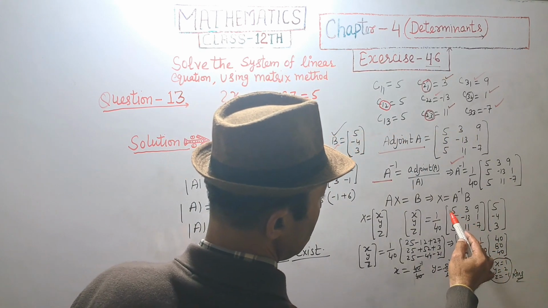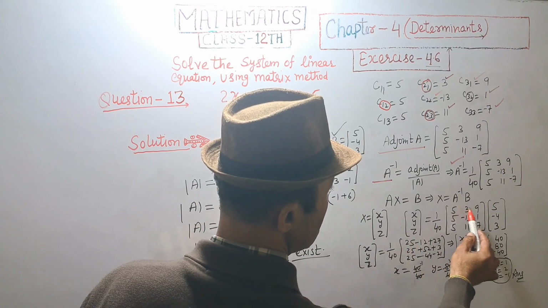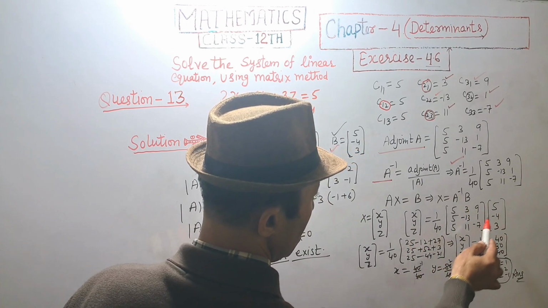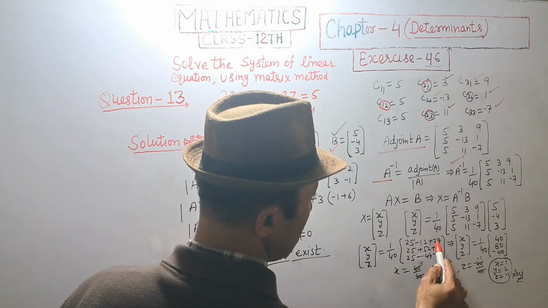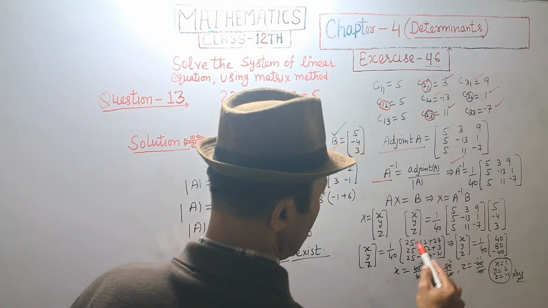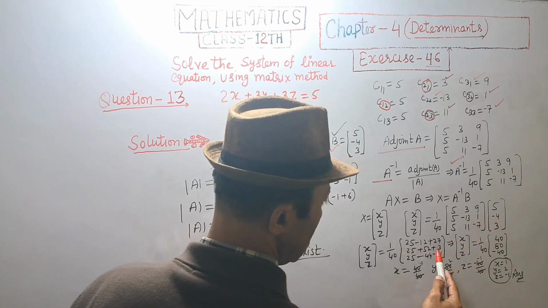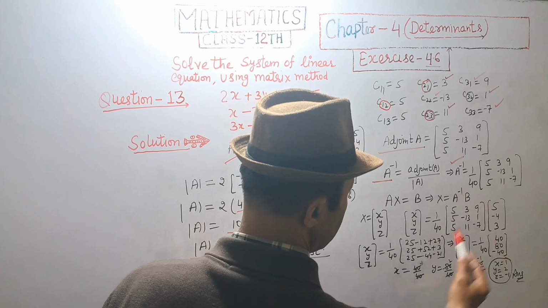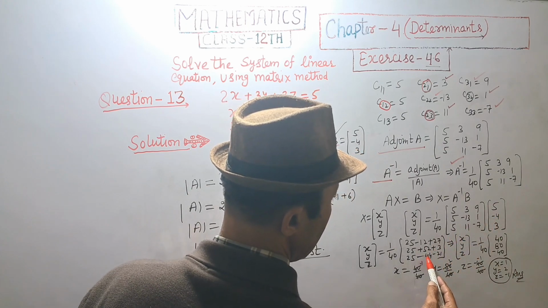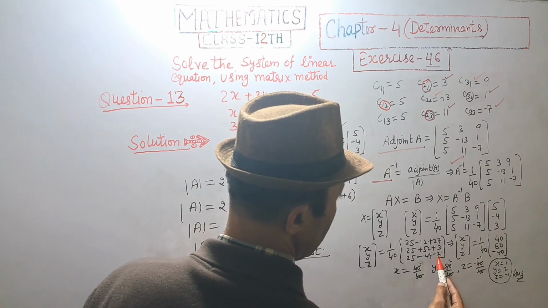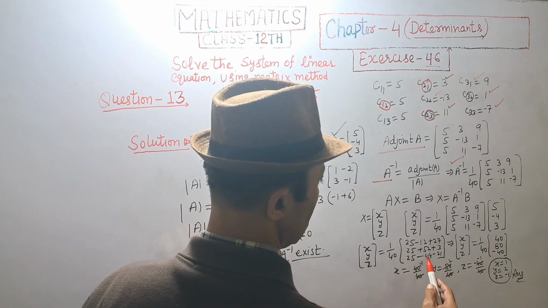Multiplying: 5 5s are 25 plus 3 4s are 12, minus 4, that will be minus 12, 9 3s are 27. And 5 5s are 25, 13 4s are 52, 1 3s are 3. 5 5s are 25, 11 4s are 44, negative, 7 3s are minus 21, minus 7 multiplied by 3 is minus 21.